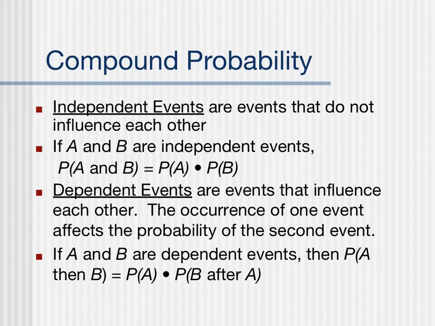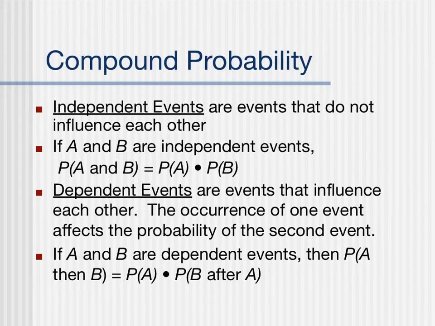Compound probability, so independent events. So let's say I flip a coin and roll a dice. Those are two independent events. One's not going to affect the other. So I could find out the probability of getting a heads on my flip and then a 5 on my spin, or rolling my number cube.